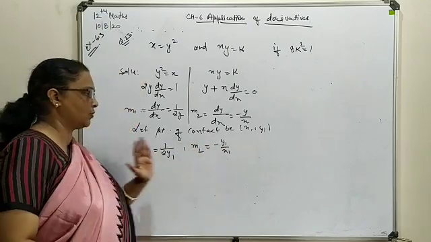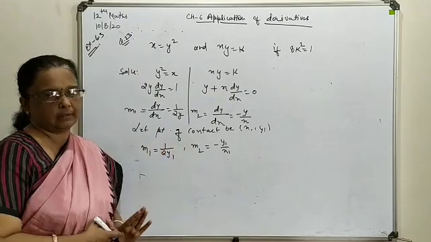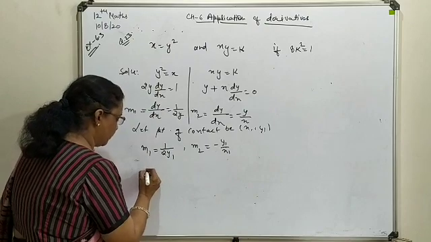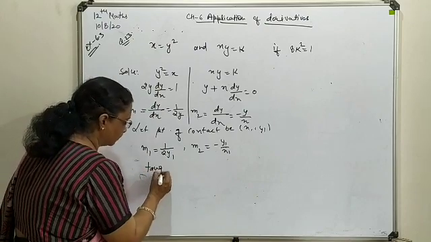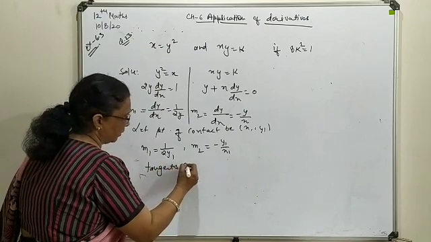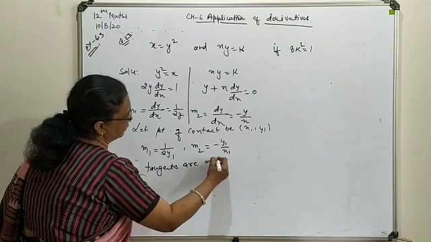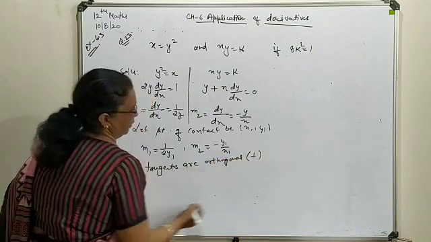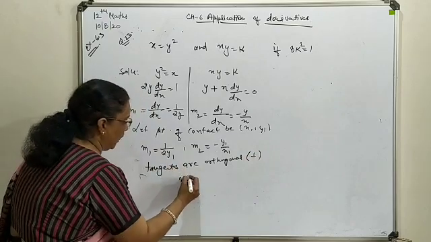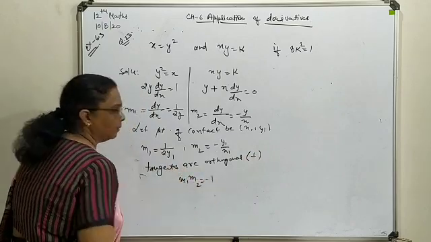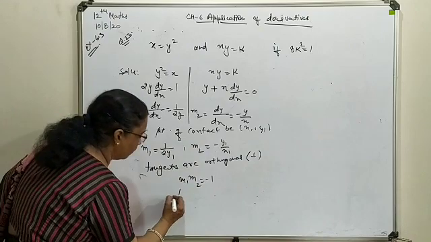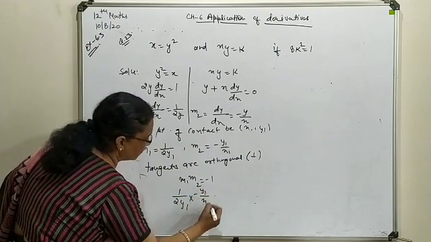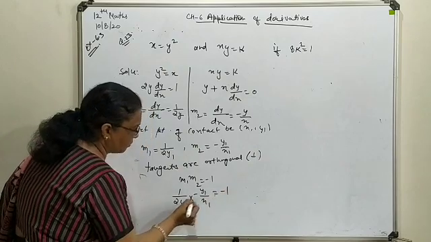Now as these two curves are intersecting at 90 degrees, means above curves or tangents are orthogonal, means perpendicular. It means m1 times m2 will give you minus 1. So substitute these two over here. This will be cut.